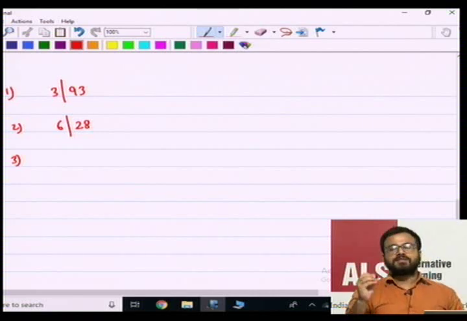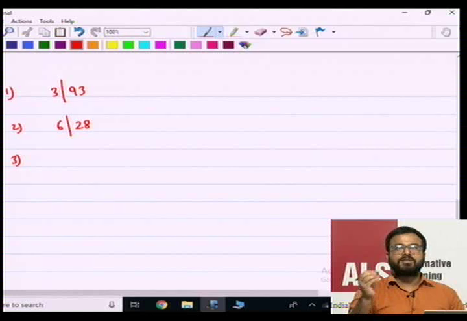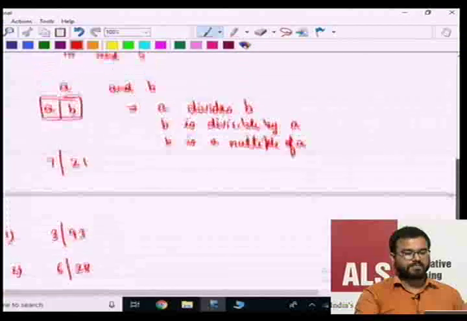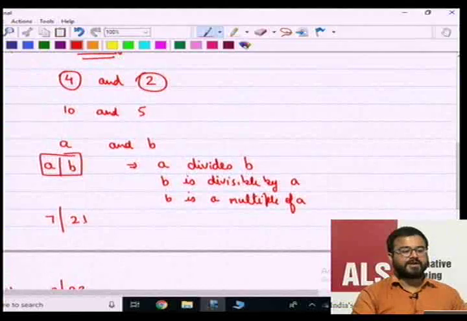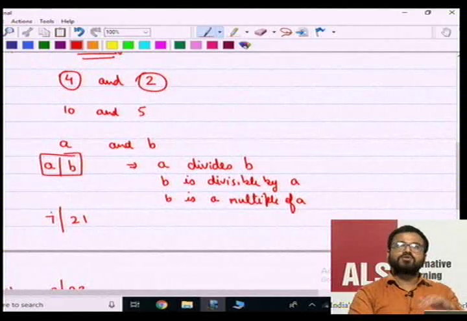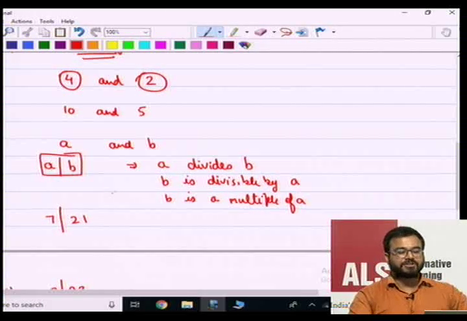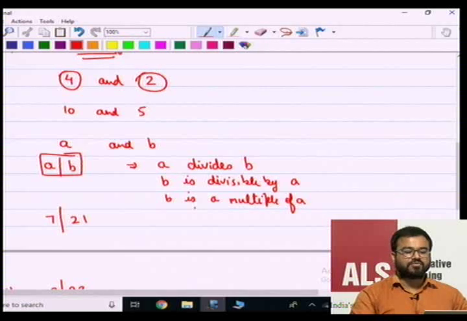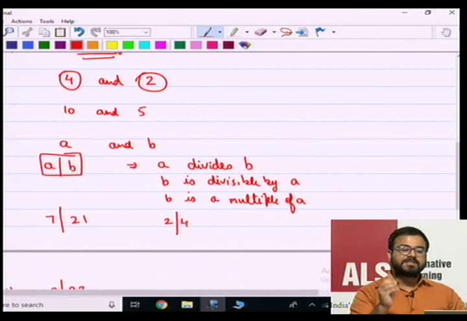Dividing means that whenever you are dividing something, there should be some integer. When we divide 21 by 7, it goes 3 times, so 3 is an integer. Similarly, if I write 2 vertical line 4, it means 4 is divisible by 2 for some integer, and that integer is 2 because 2 times 2 is 4.